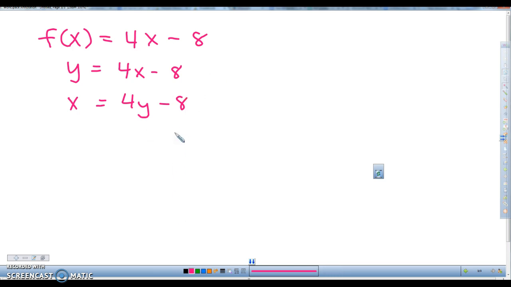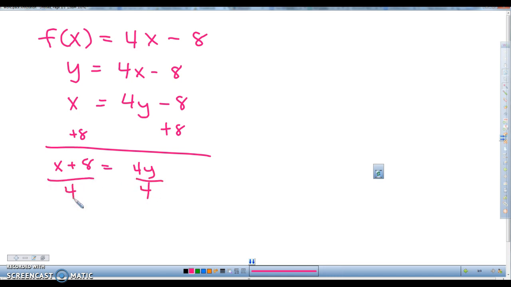I'm going to manipulate this equation until I get y by itself. So the first thing I'm going to do is add 8 to both sides, so that I get x plus 8 equals 4y. Now I see that y has this 4 next to it, so I'm going to divide by 4. So eventually I will get that y equals x plus 8 over 4.